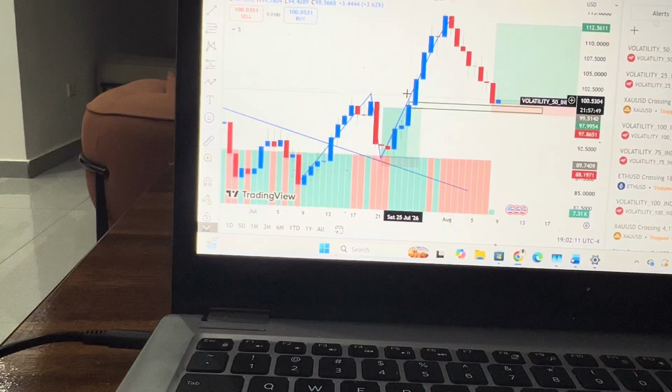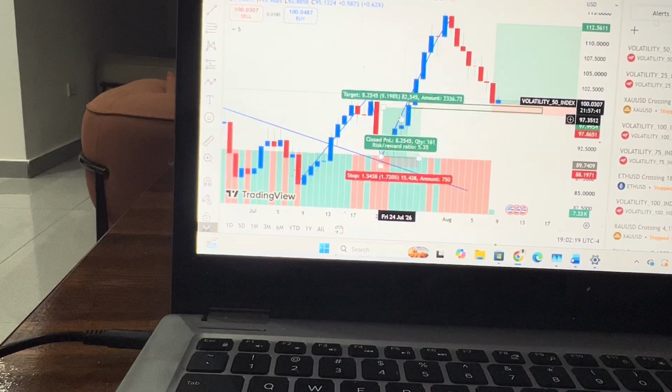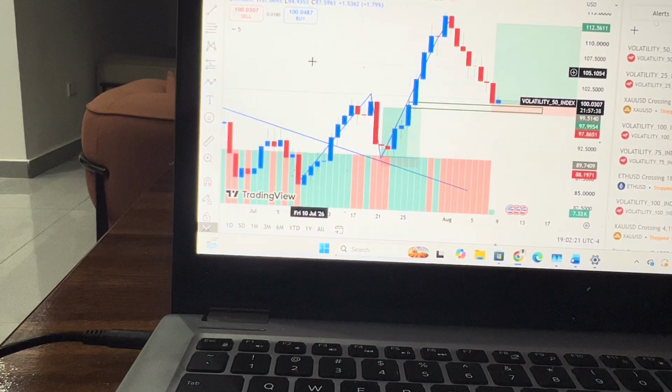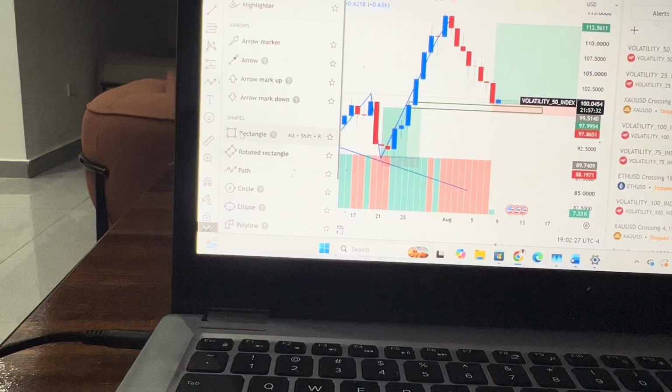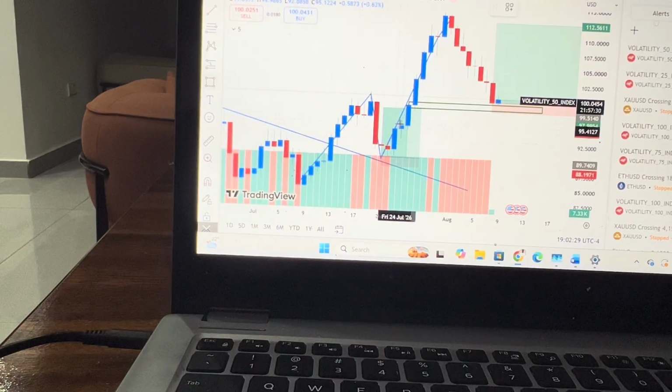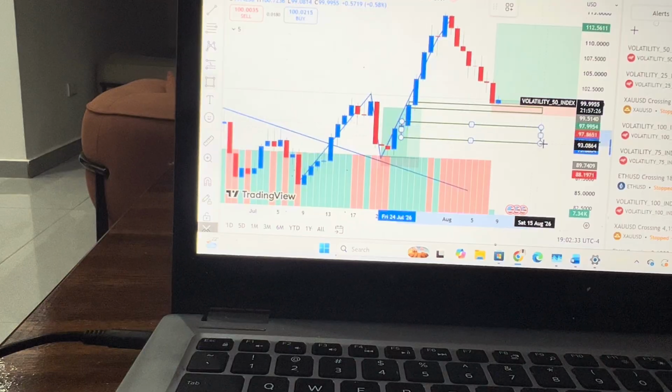Because if you remember very well, there is a possibility that the market, look, let's mark this supply zone, this demand zone from here. Yeah, there is of course another demand zone here.